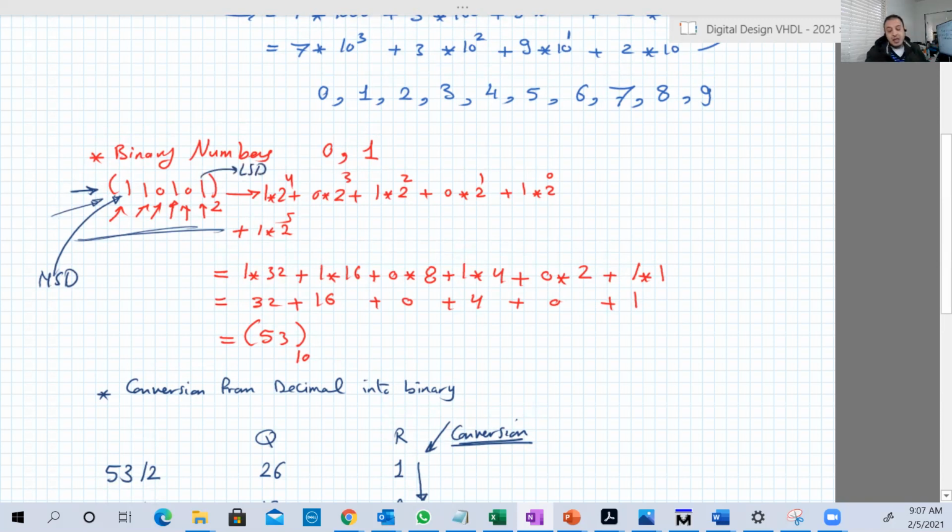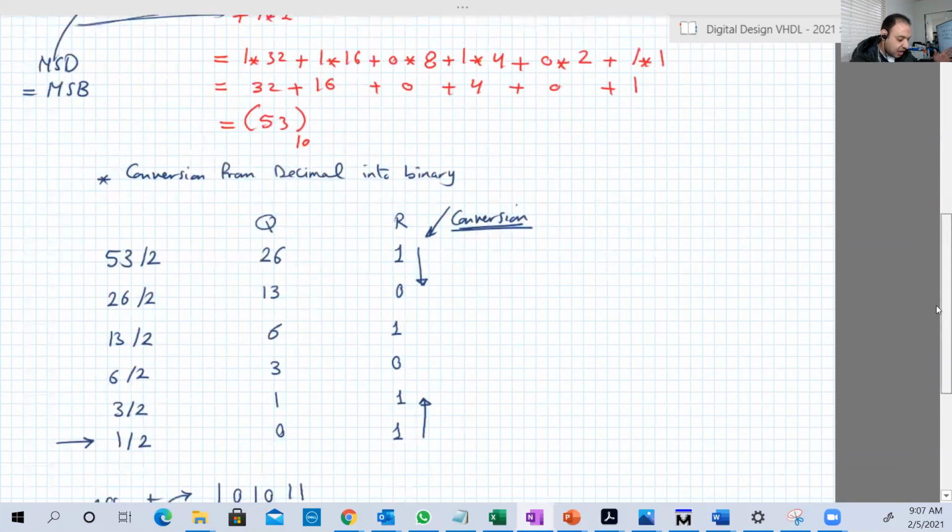But in binary numbers, we don't use the word digit, we use the word bit. So in binary numbers, this is called the most significant bit, this is the least significant bit. And just forget about the word digit.